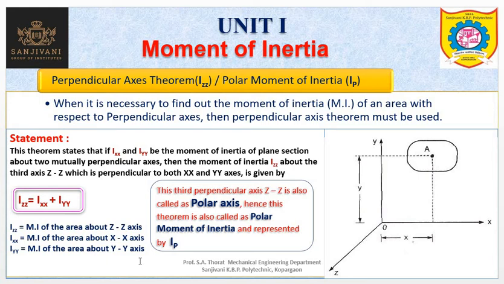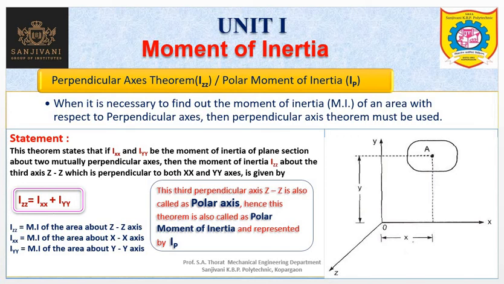Hence, in this case, Izz is treated as the polar moment of inertia, and it is represented by Ip. To calculate the polar moment of inertia, you have to use the same formula, Ixx plus Iyy. This is all about the perpendicular axis theorem or polar moment of inertia.